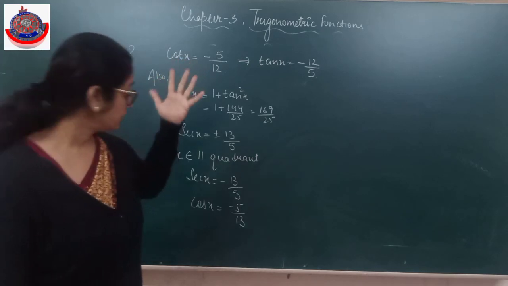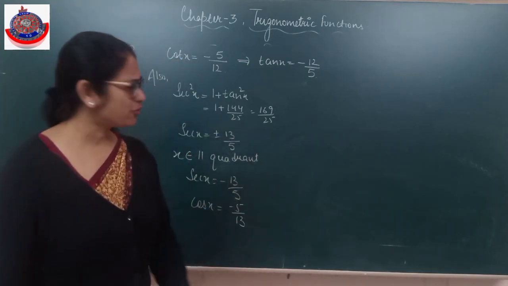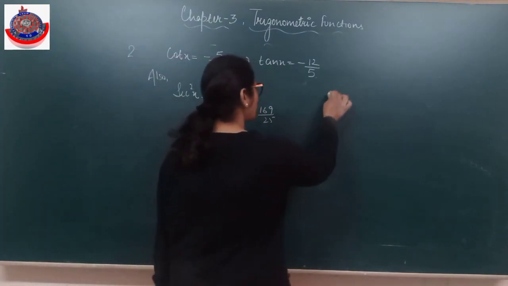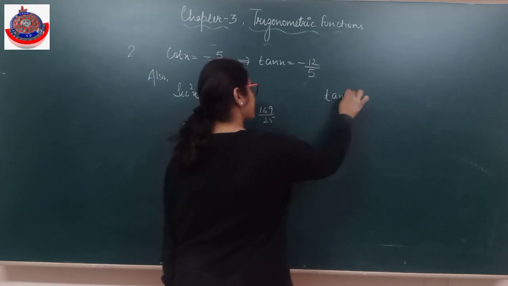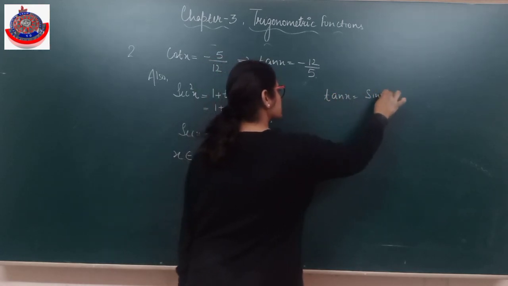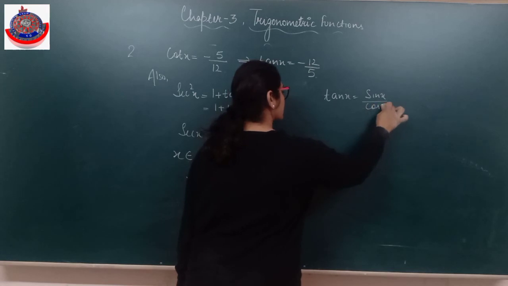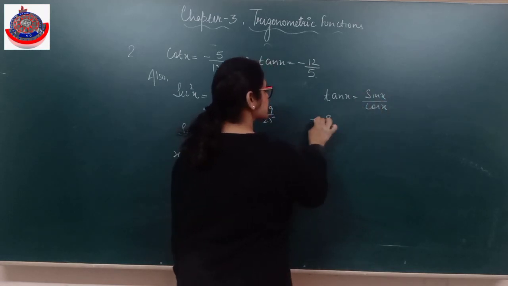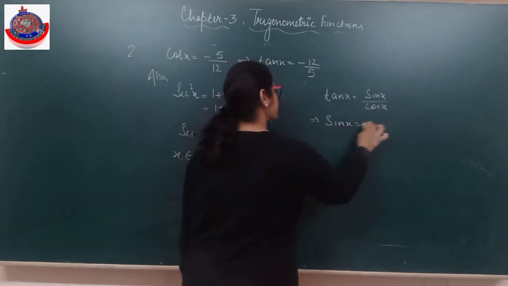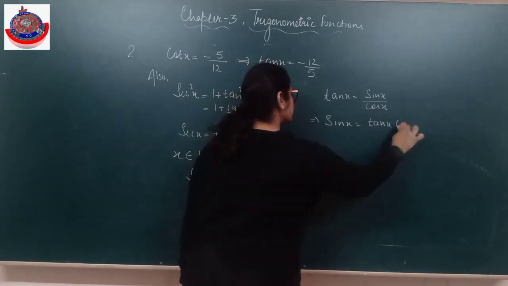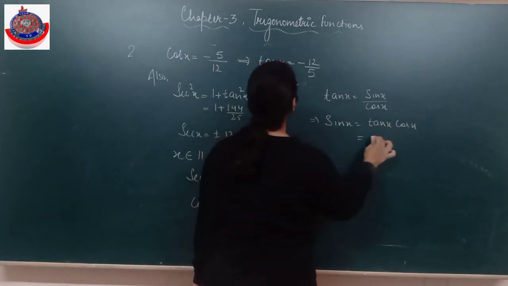So I got cos, I have tan, so I can find sine from here. Let's find it this way. We know the formula: tan x is sine upon cos. So sine x is tan x into cos x. Put the value.